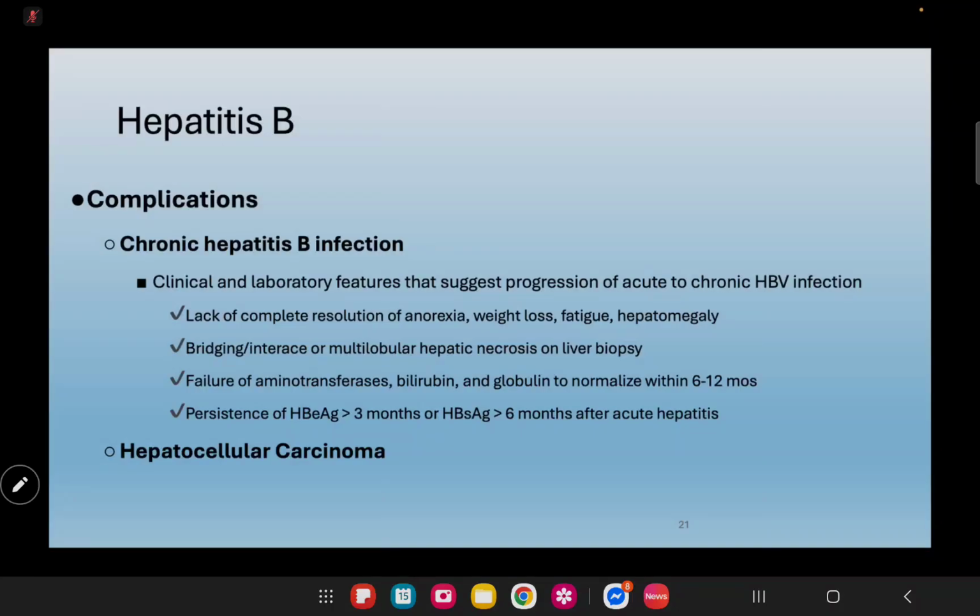But in hepatitis B, even without cirrhosis, it can go directly to hepatocellular carcinoma. That's why it is important to screen chronic hepatitis B patients for hepatocellular carcinoma, because hepatitis B virus itself has oncogenic potential, even independent of cirrhosis.